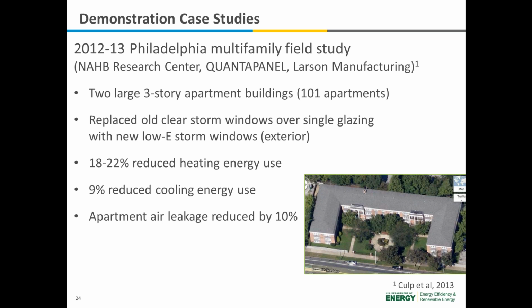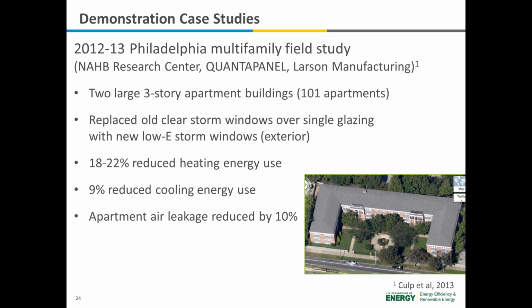These are exterior windows. In this case, we saw a 20% reduction in the heating energy use over 2 heating seasons, and then we saw a 9% reduction in the cooling energy use. And similarly to the single-family homes, when we did blower door testing on individual apartment units, we saw an average air leakage reduction of around 10%.